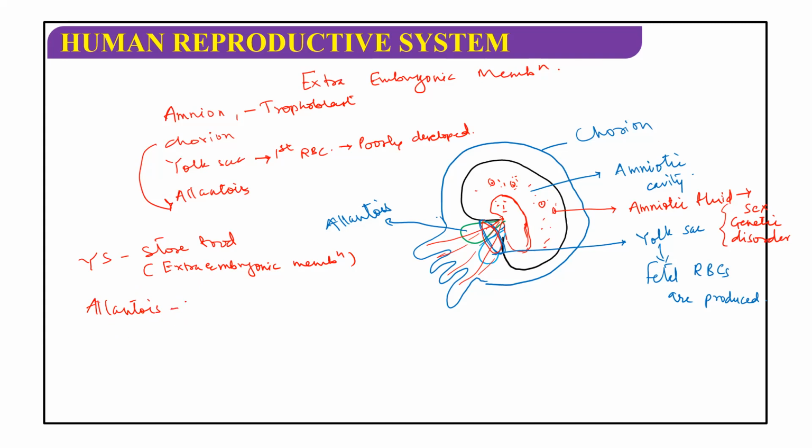So this allantois is known as extraembryonic kidney. Yolk sac is the extraembryonic gut.